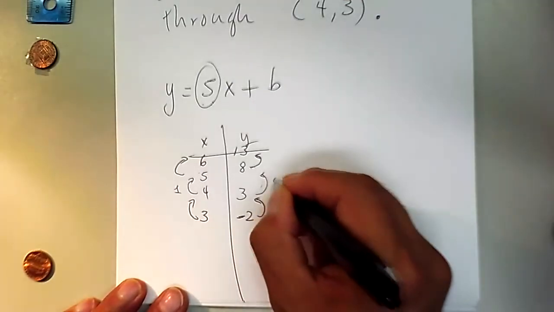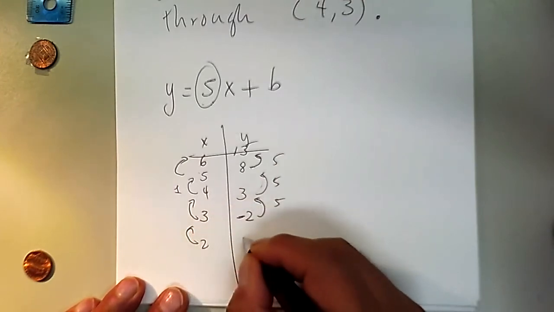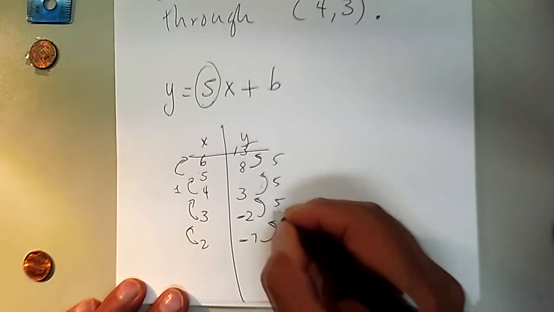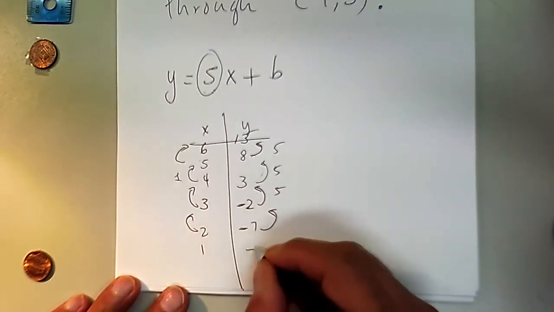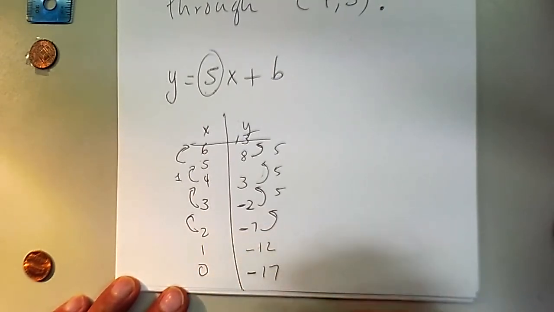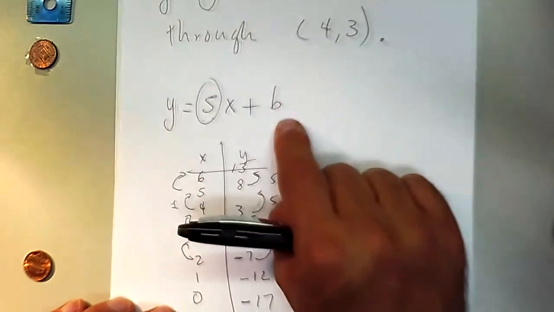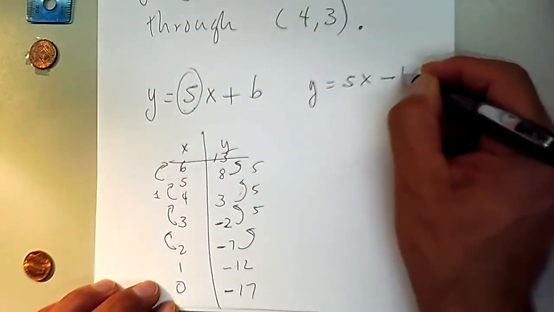So the 5 has to be consistent. How about at 2? Well, we will have to be at -7 because when we go up by 5, we end up with -2. How about 1? -12. How about 0? -17. Bingo, that is our b. So the equation is y equals 5x minus 17.